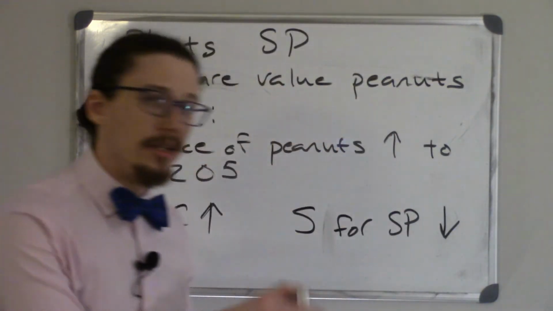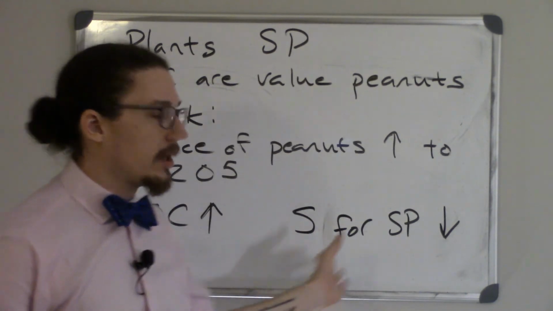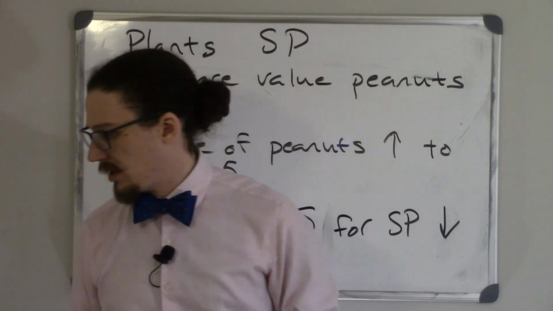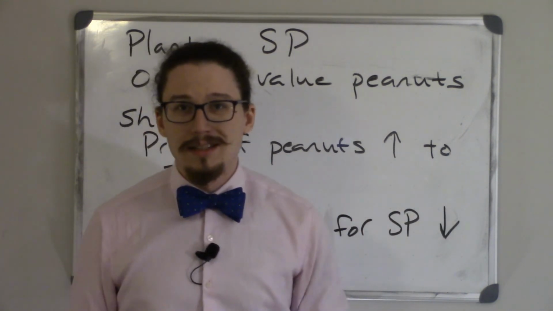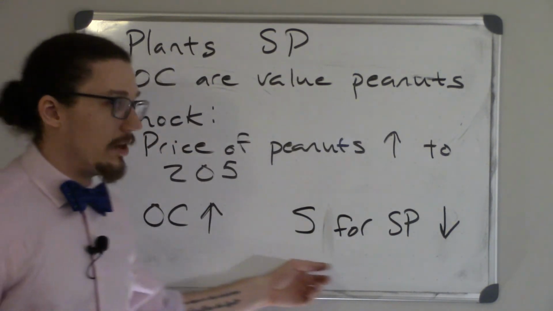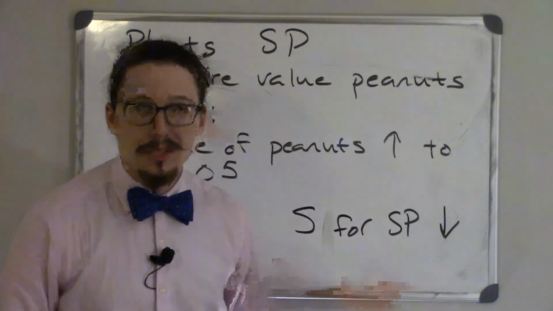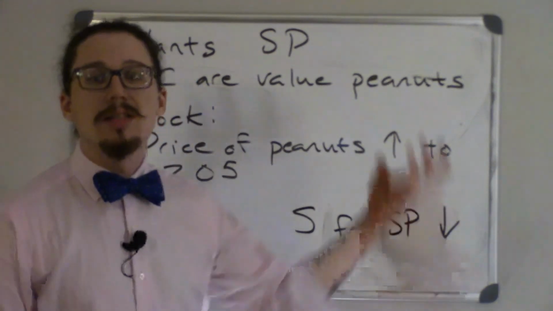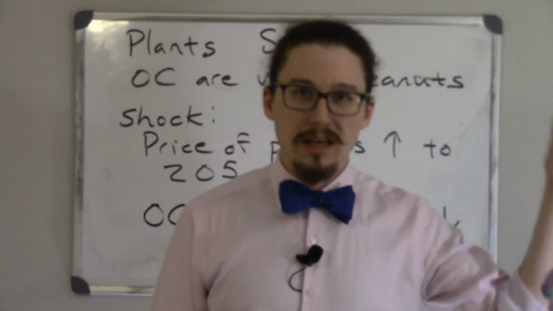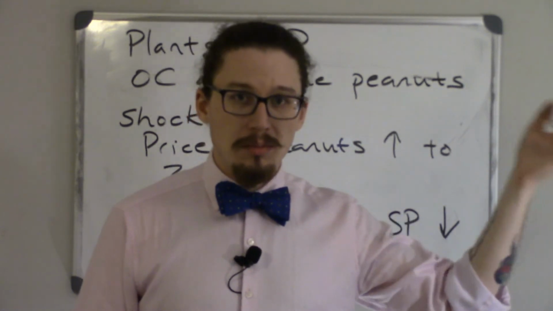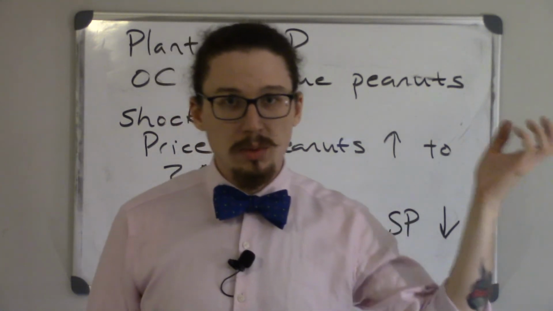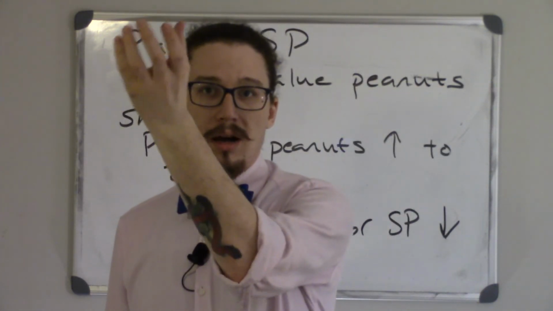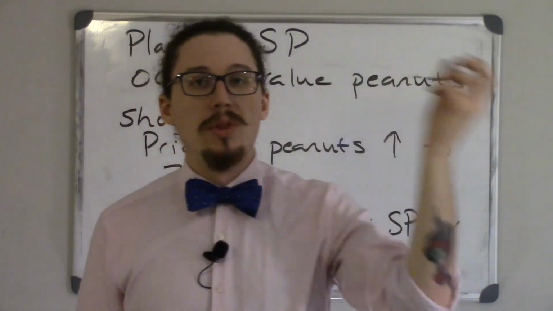And so we see that shift in supply, because this one latches on to the idea of number of sellers, which is good because that's the last thing we covered, so it's still in this video. If the number of sellers goes down, supply is going to go down, and that's what's happening with the sweet potatoes. Because the opportunity costs increased, some producers switched from producing sweet potatoes to producing peanuts.